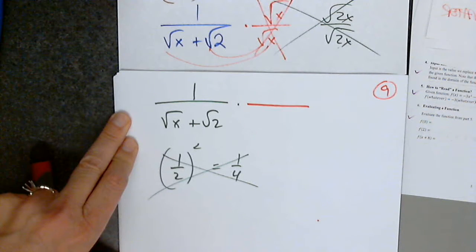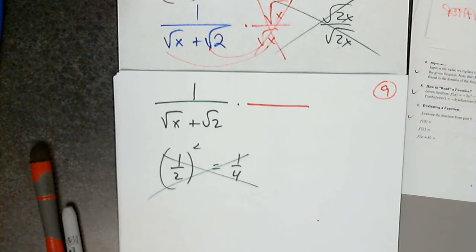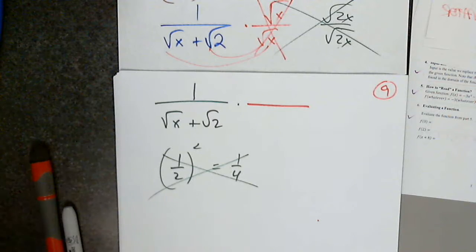Give it a shot. It's only one option. What do you think? Multiply top and bottom by, you have to look at the agreement. If you're not looking at the agreement, then you will not figure it out.